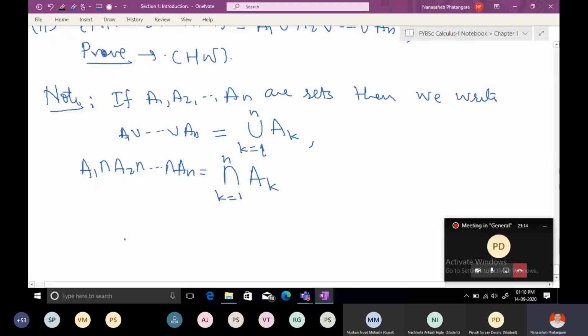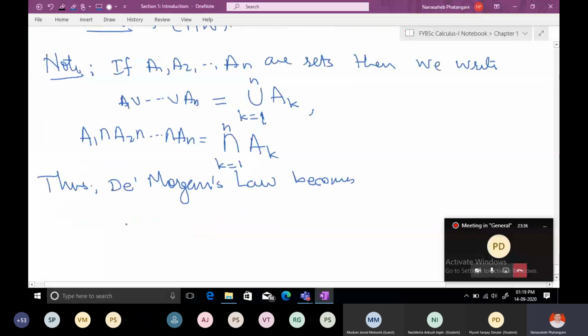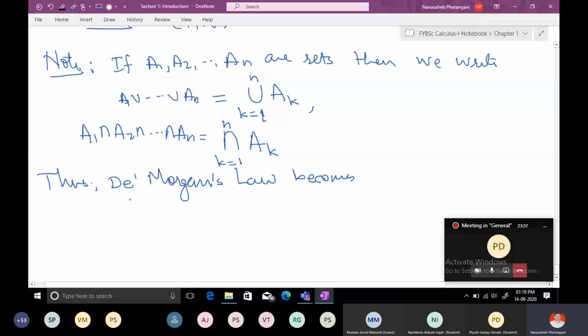And therefore using this notation, De Morgan's law becomes, in general, what will be the general version of De Morgan's law? The union of Ak, k is from 1 to n, is a set, the union of all these.